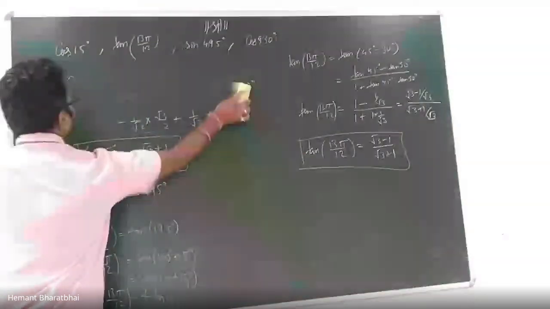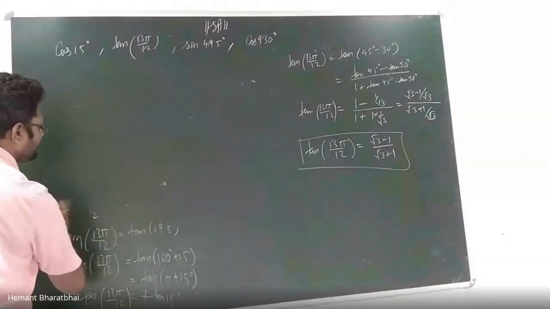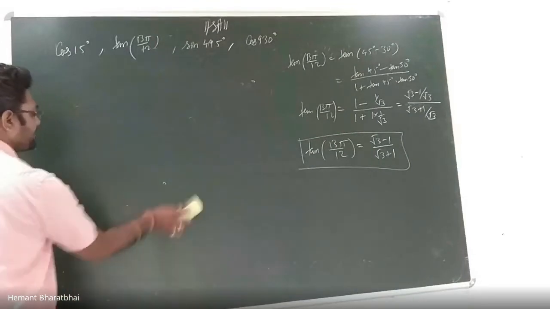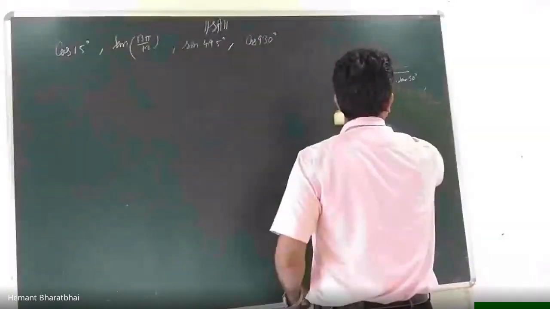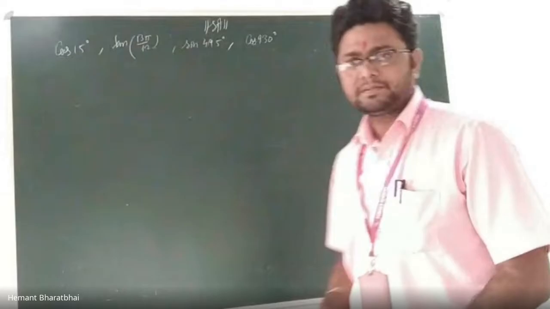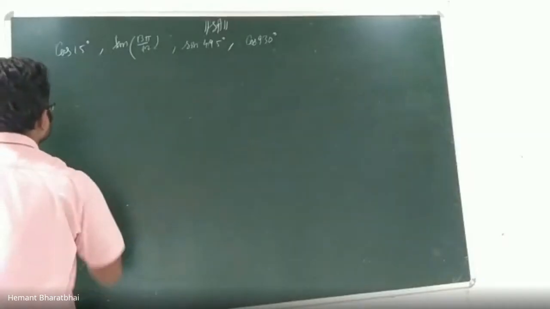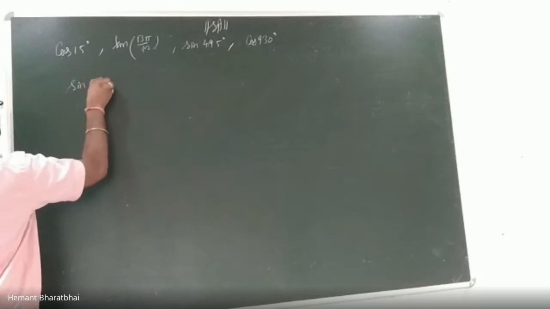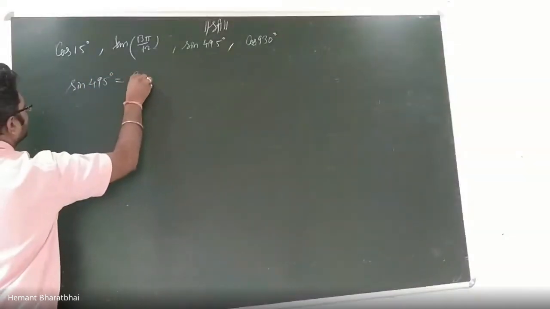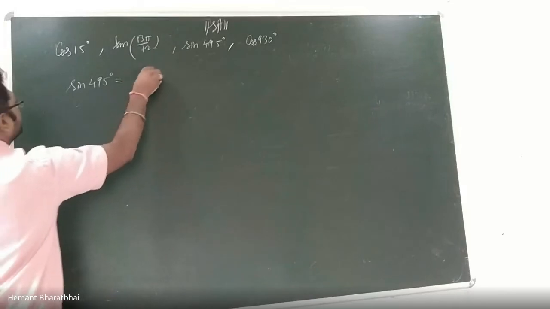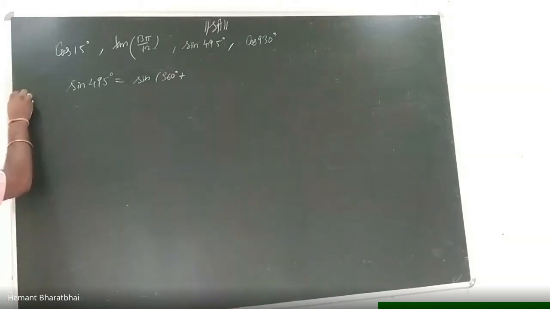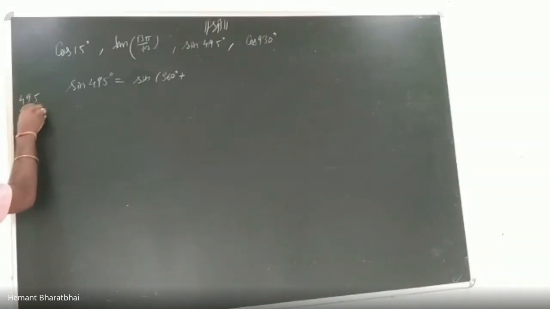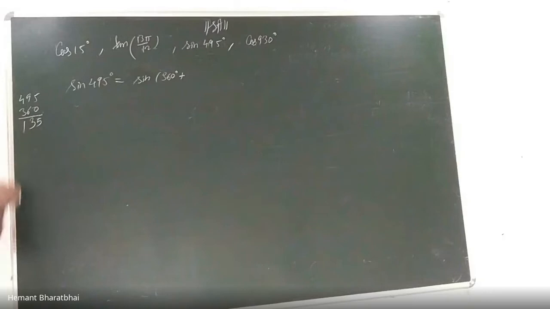Sine of 495 degrees and cos of 930 degrees. So, sine of 495 degrees can be written as sine of 360 plus, so 495 minus 360, that is 135.